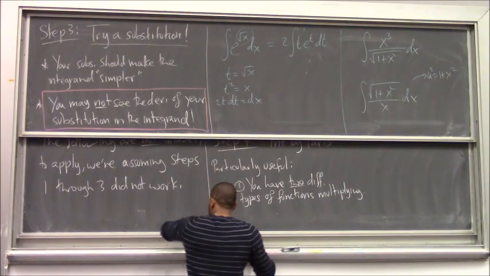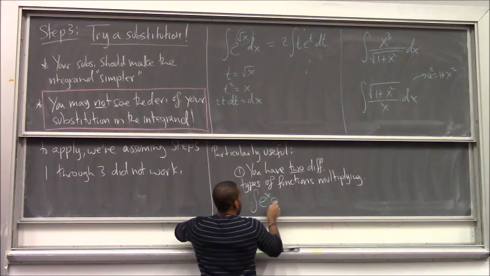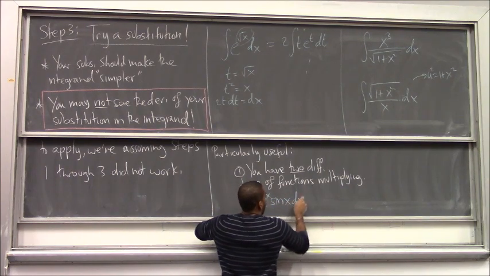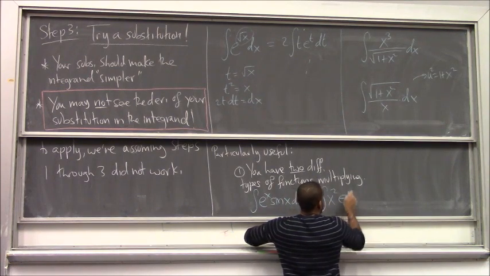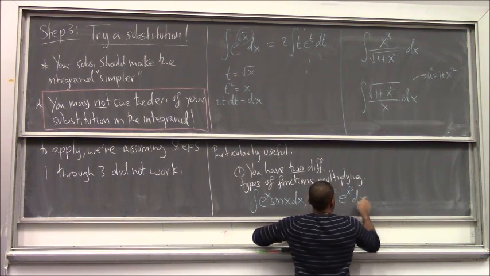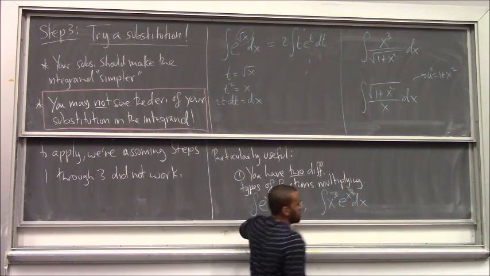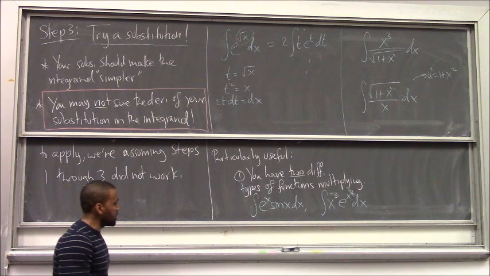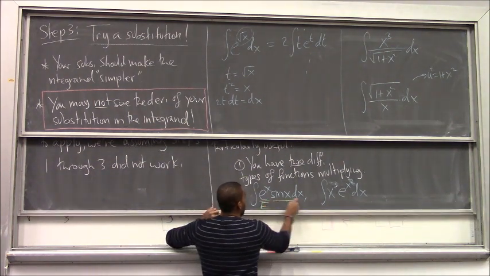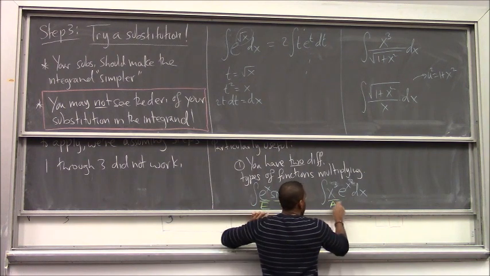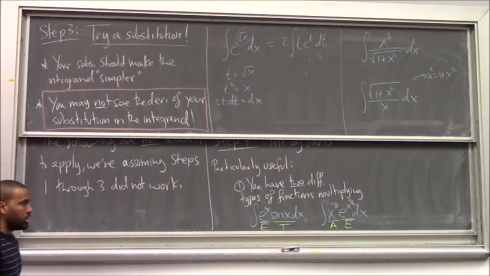Okay, so you see something like an exponential times a trig function, or you see something like a polynomial times an exponential. Right? So, like that. Or something like that, right? You have 2 different kinds of functions being multiplied by each other. So, this guy's an E, that guy's a T, this guy is an A, that guy is an E, right? You have 2 different classes of functions being multiplied.